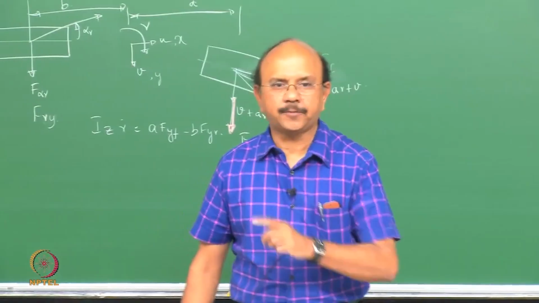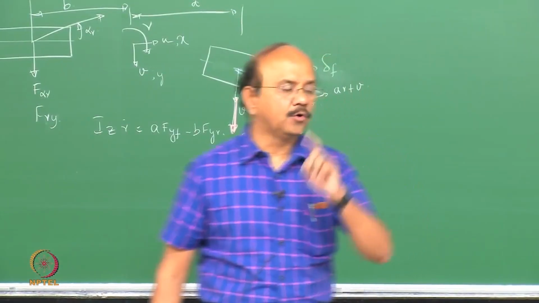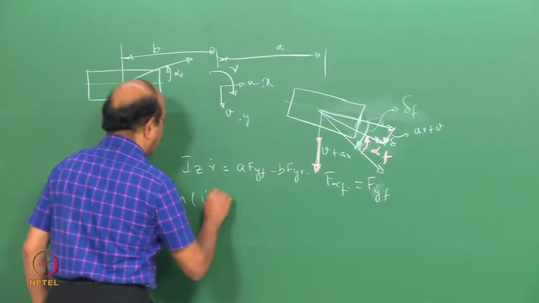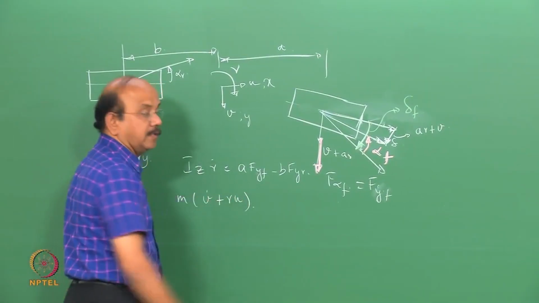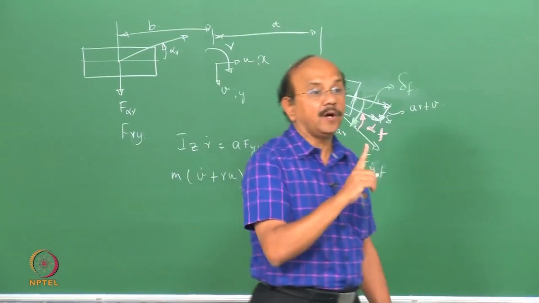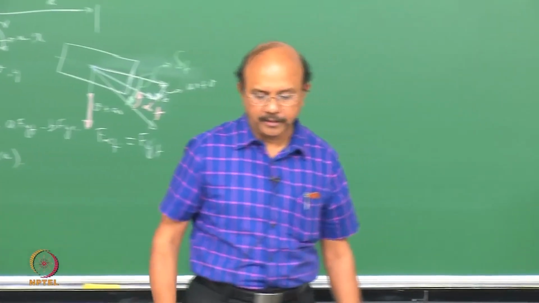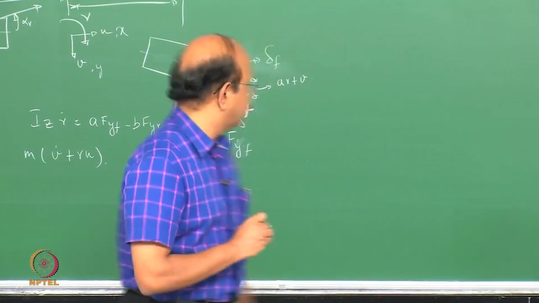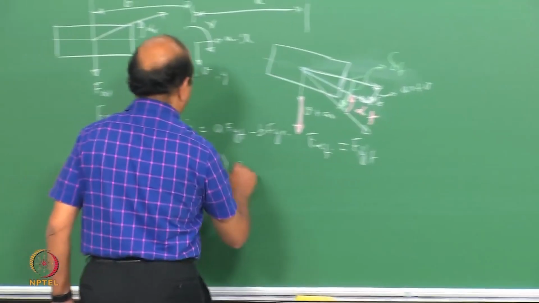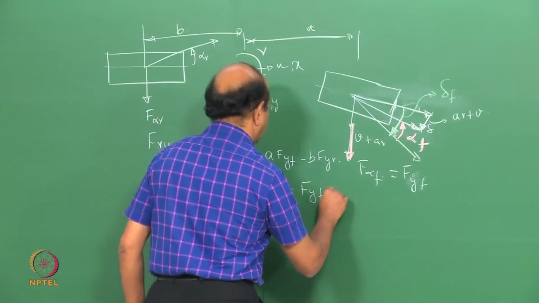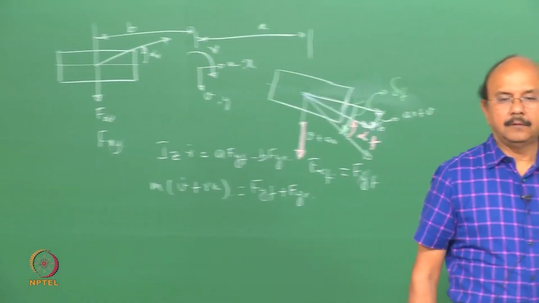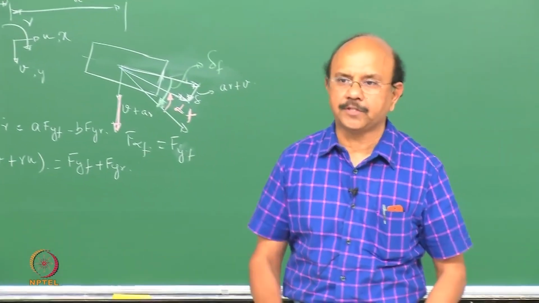So what's the second expression? Go back and look at what we had done: m v dot plus ru. It's not just m v dot because of the body-centered coordinates. m v dot plus ru is equal to Fyf plus Fyr. So these are the two expressions we have.